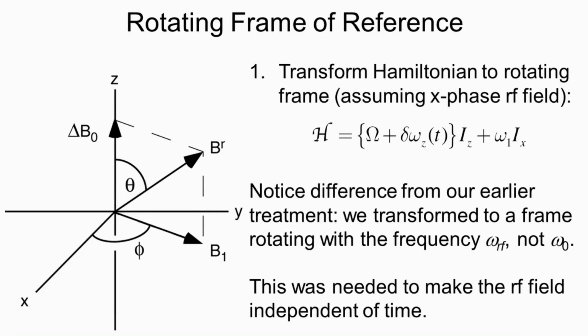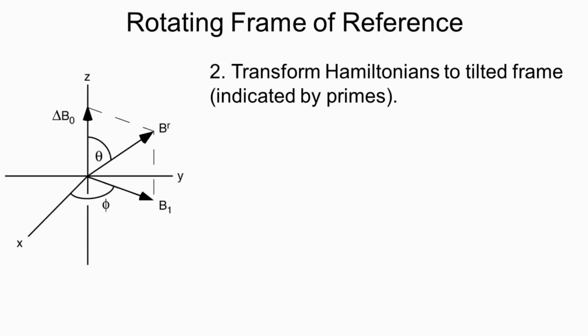The next step is to transform into a tilted frame of reference with the z-axis pointing along the effective field. I'll indicate, at least for a while, that second frame by primes.